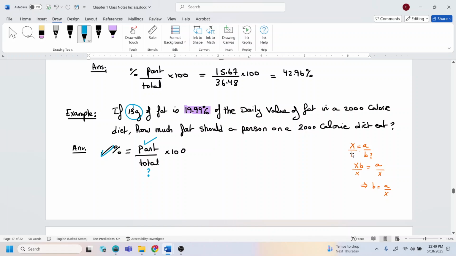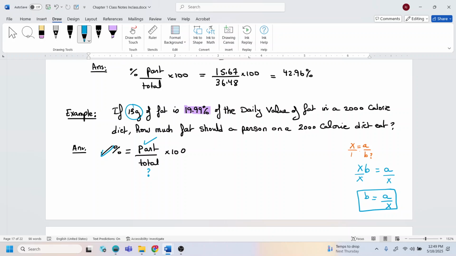So xb is equal to a, right? And I come up with an equation like that. Then I need b, so I'm going to divide by x here and divide by x there. And now I have an equation of b is equal to a over x.